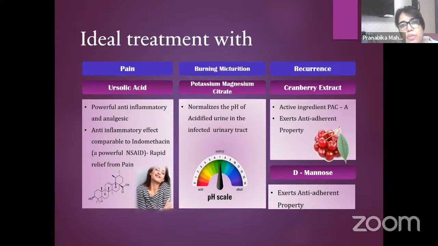Then for burning micturition, we can give potassium magnesium citrate, which will neutralize the acidic pH and alkalinize, and this will reduce the burning micturition. And for recurrent cases, we can use cranberry extract, which exerts anti-adherent properties. Then D-mannose also exerts an anti-adherent property. Next, please.